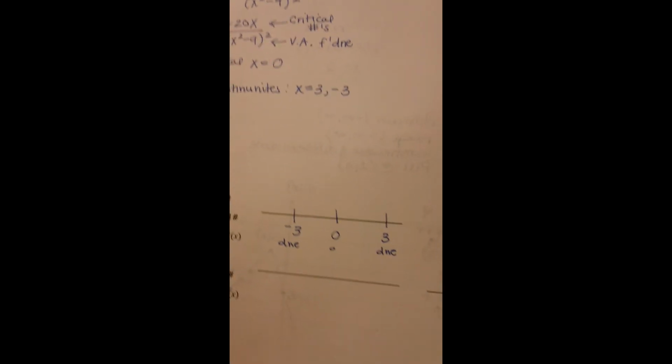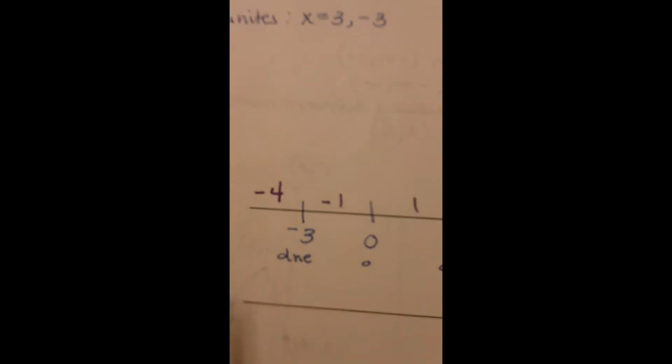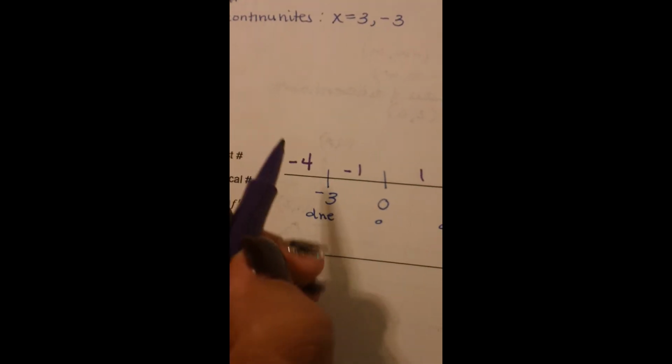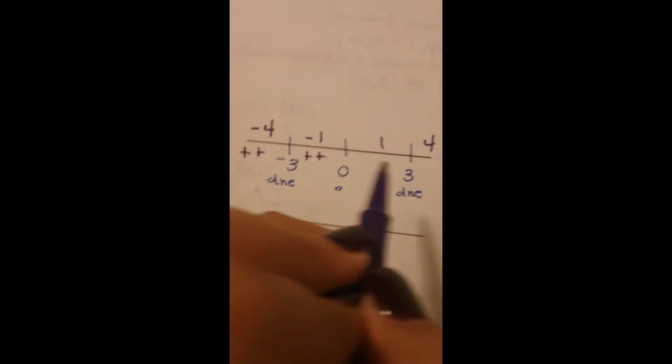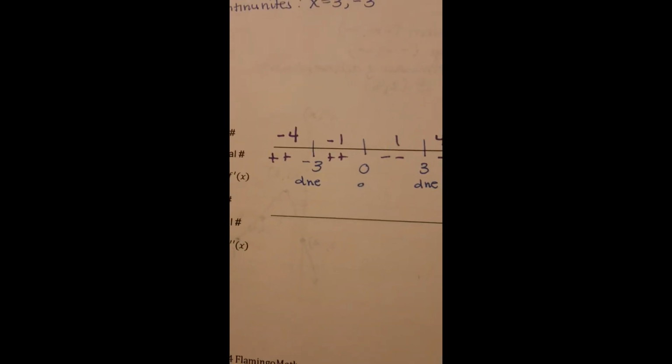And some values in between, so negative 4, negative 1. If we substitute in these values into the derivative function, we end up with increasing, decreasing, and decreasing.